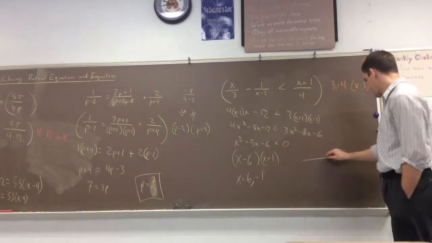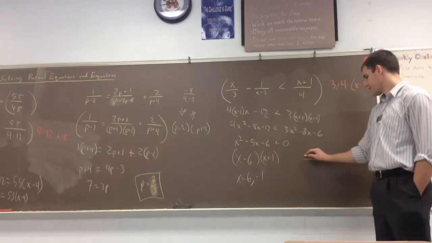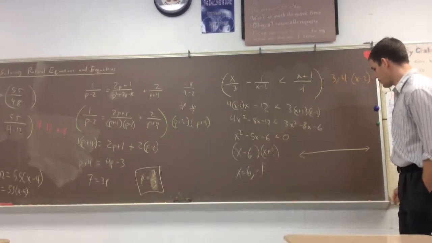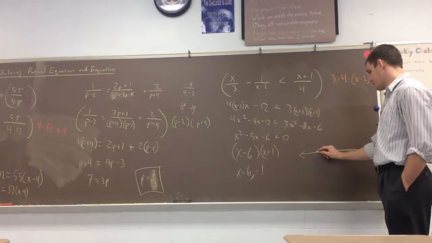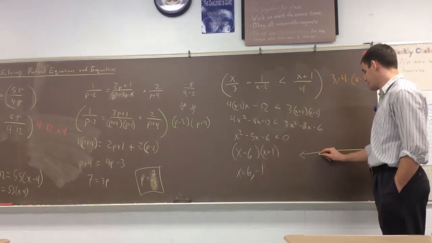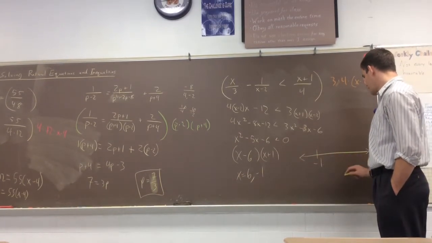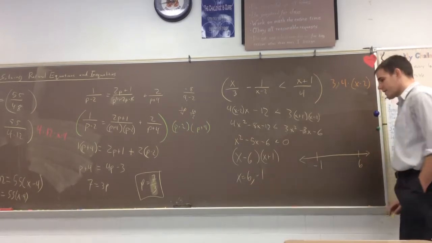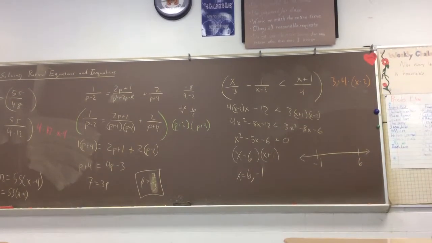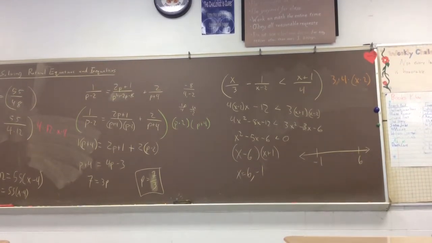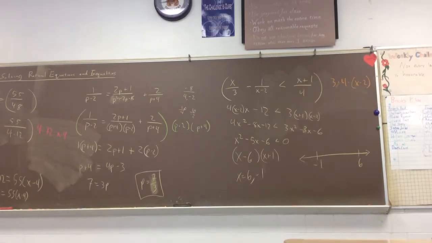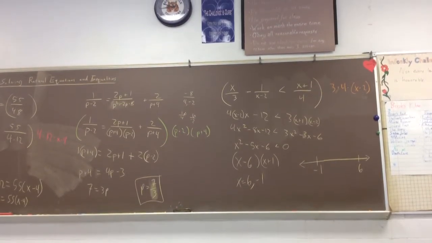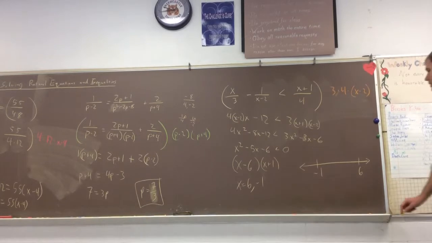So here's what we do. We're going to put them in here. Negative 1, 6. Now there's one number that we can't use. What number can't we use? 2. We're going to include that on the graph as well.